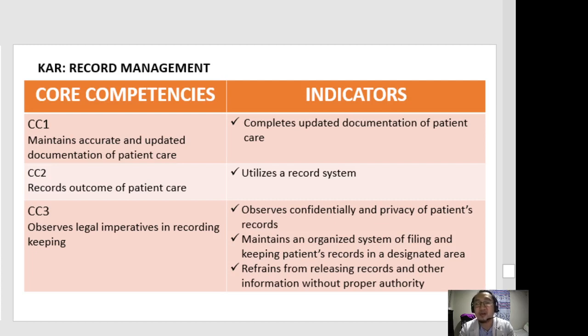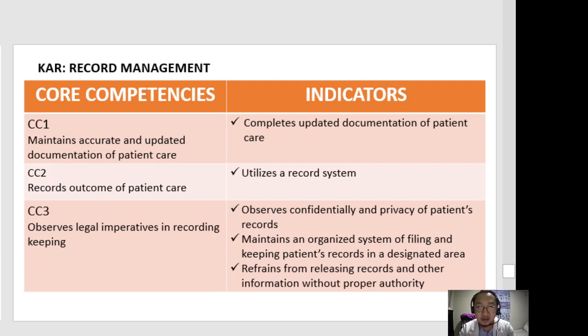Number 2, records outcome of patient care. A nurse or the institution must utilize a record system, to make the recordings and documentations organized, systematic, and well documented. This is a policy that goes from institution to institution.